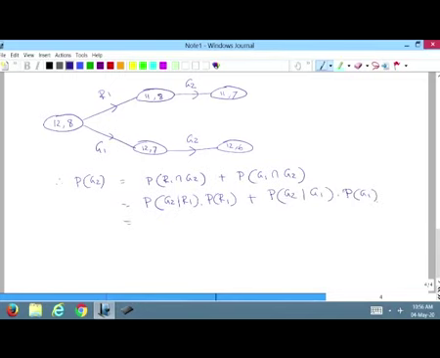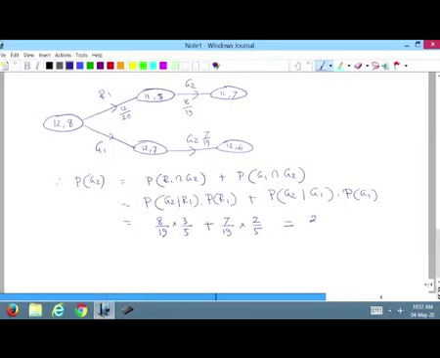That is, the probability of G2 given R1 is 8 upon 19, multiplied by the probability of R1, which is 12 upon 20, which is nothing but 3 upon 5, plus the probability of G2 given G1, which is 7 upon 19, multiplied by the probability of G1, which is 8 upon 20, which is 2 upon 5.